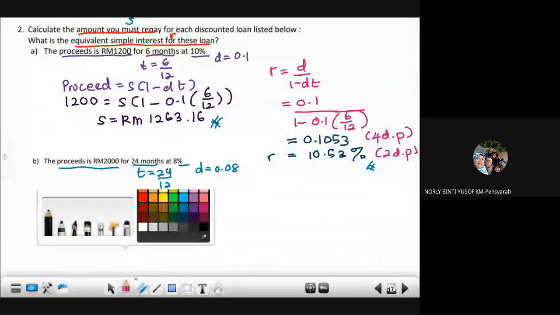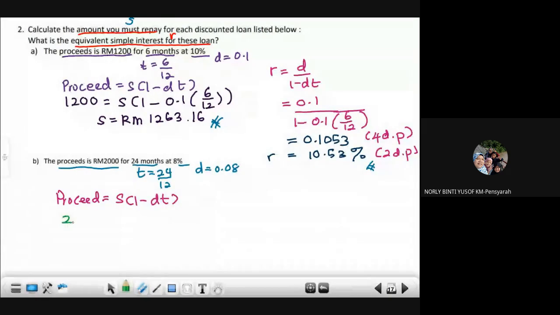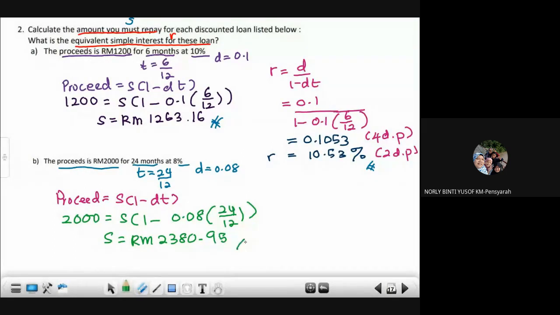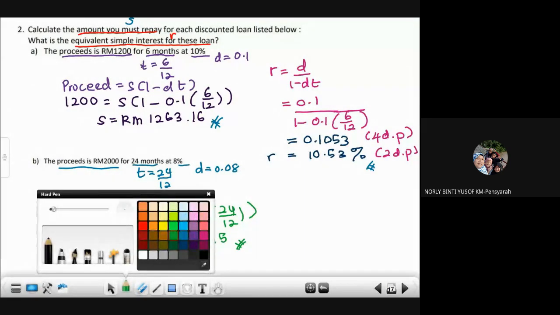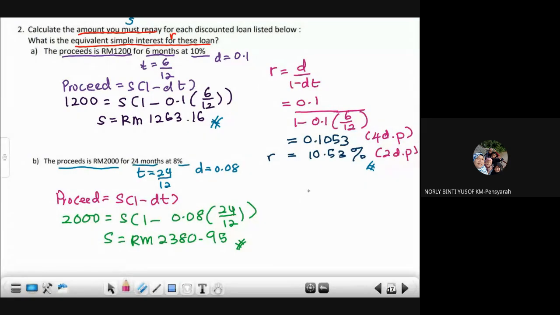So proceed you adalah 2,000 sama dengan S(1 minus 0.08 times 24/12). Kira dapat S 2380.95 sen. Soalan ada dua, nak cari amount you must repay and the equivalent simple interest iaitu R.